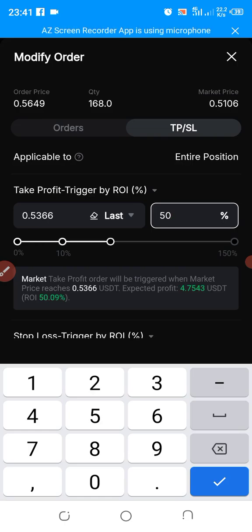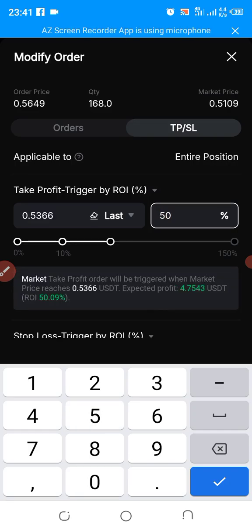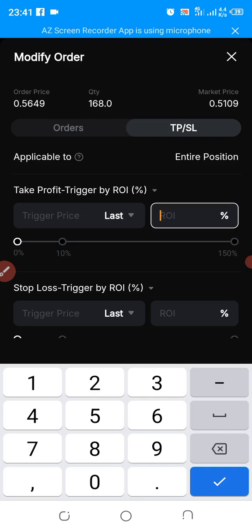Don't be too greedy. Just take your profit at a moderate percentage, so that you will not lose the profit. So immediately you put it at 50%, or let's say 30%.